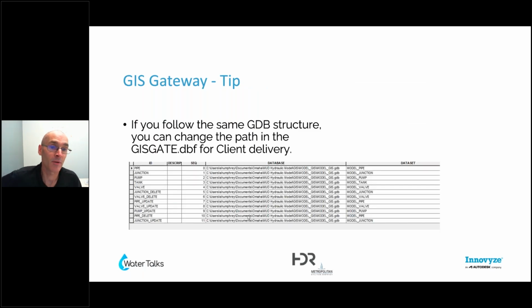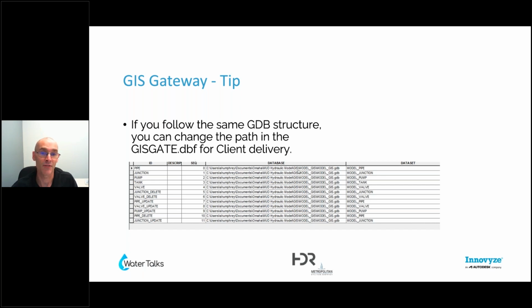So one little tip here with the GIS gateway, and I've used this quite a bit, is typically this is going to get set up on some type of machine that's not at the client site. So a lot of times you'll set this up on your local machine or a local server, and you can actually dig into the GIS gateway database. There's a DBF sitting there in the IWDB folder.